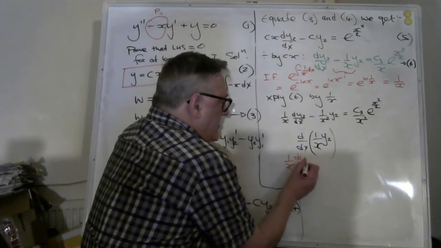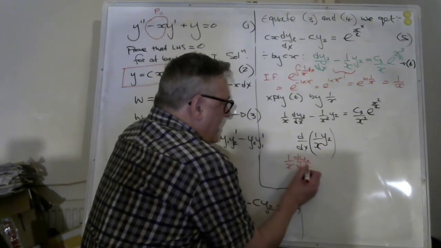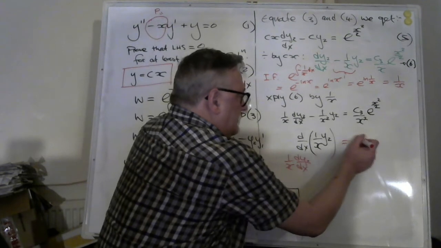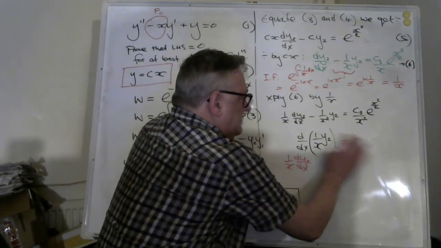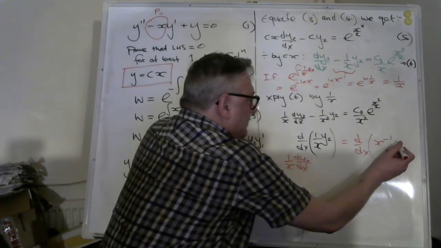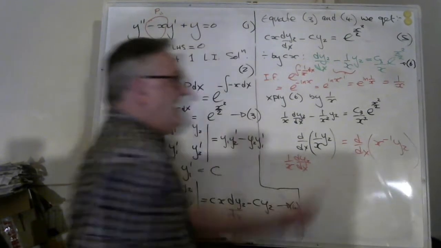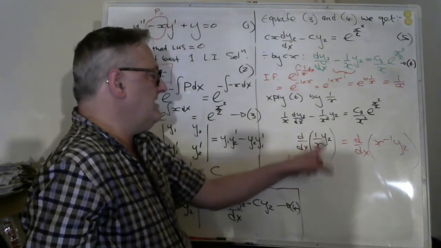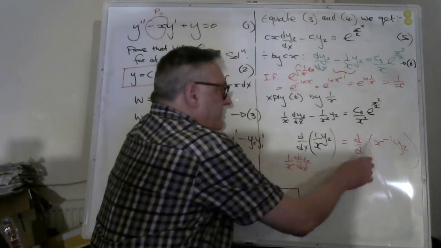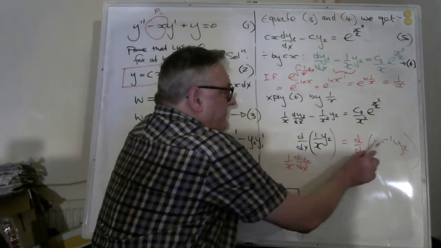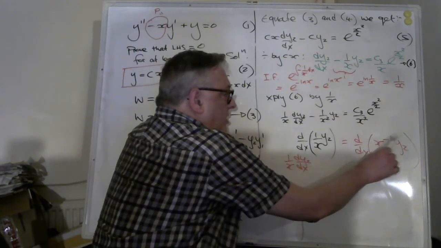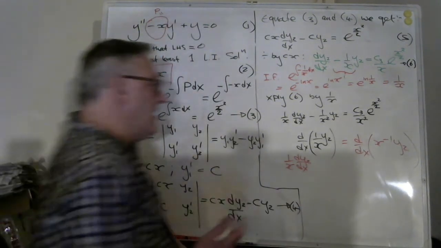So you've got 1 over x dy2 by dx, and this of course is actually, let's just write that a little bit more clearly. You'd normally write it like that. That bit in parentheses is actually x to the minus 1 y2. So after you've differentiated the y2 and left the x to the minus 1 alone, you then differentiate the x to the minus 1 and leave the y sub 2 alone.